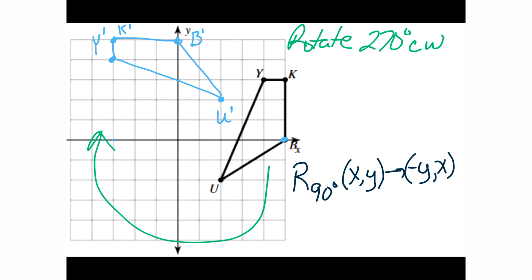Well, a rotation of 270 degrees clockwise would transform my x, y so that I would have negative y, x. The rule is going to be the same. So if the rule is going to be the same, then it makes sense that my points are going to end up in the exact same spot.